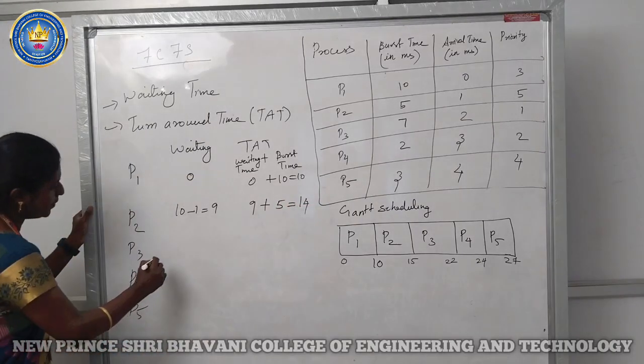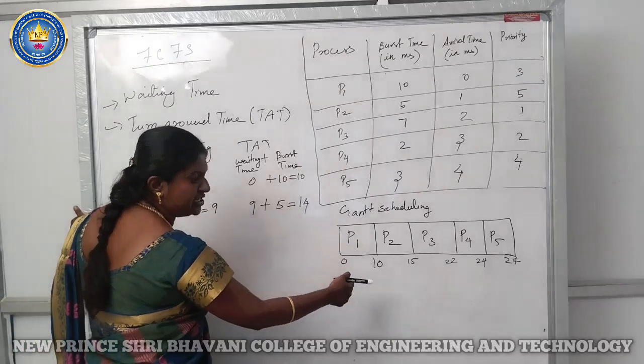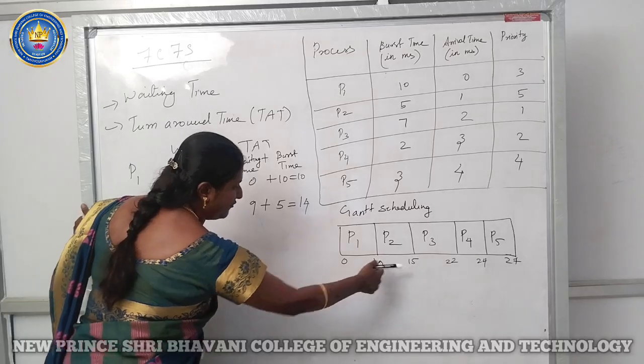Next, for the process P3, the CPU is allocated at 15.